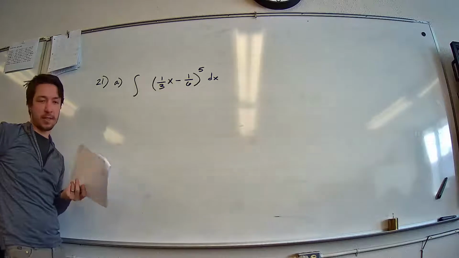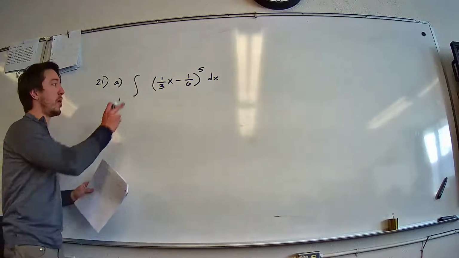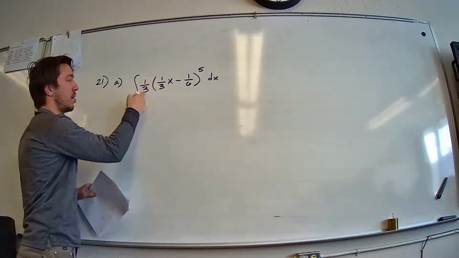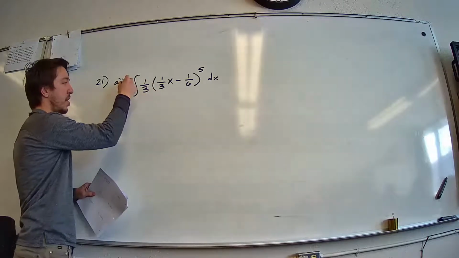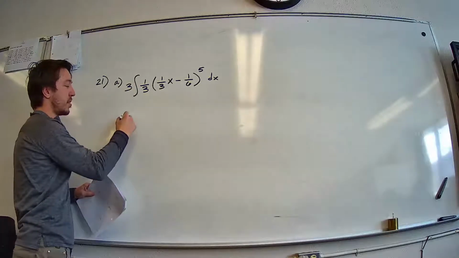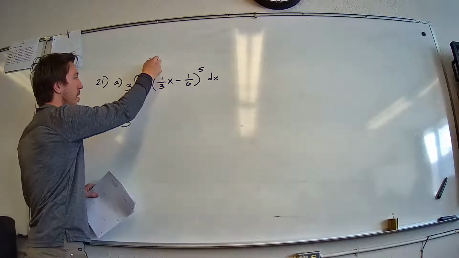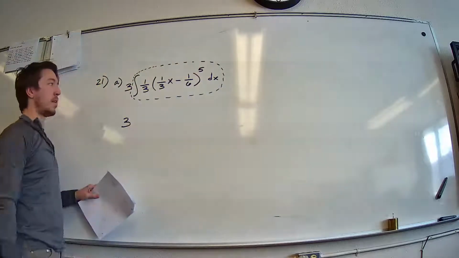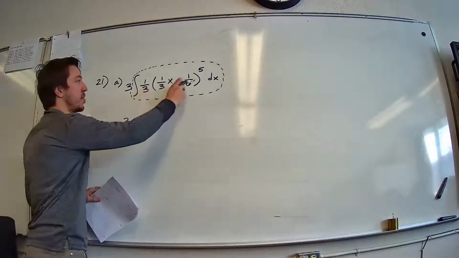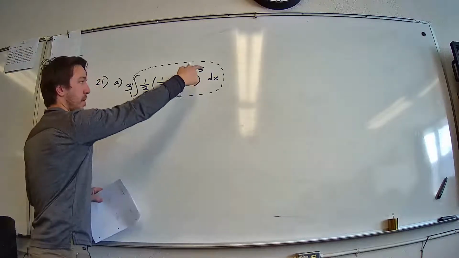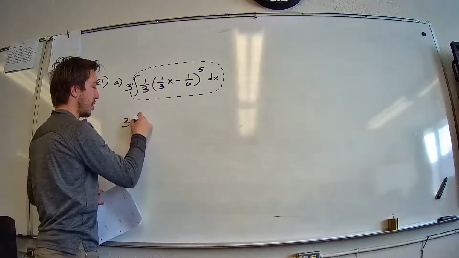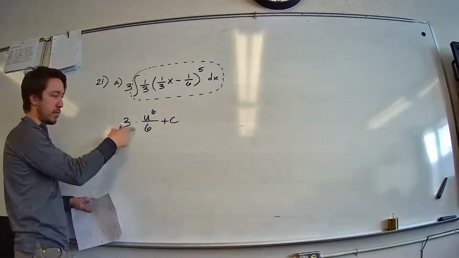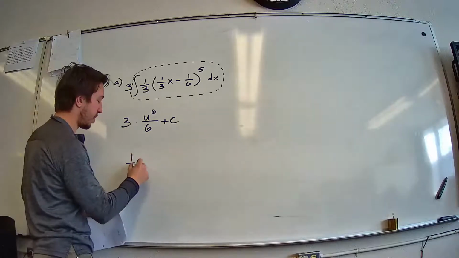It looked like a big old fraction at first, but it's actually just a linear thing. Who do I wish lived here? 1/3. So who has to go out here? 3. Now this is my u prime, u to the 5th. So I'm going to have u to the 6th over 6, which means this factor is actually 1/2.